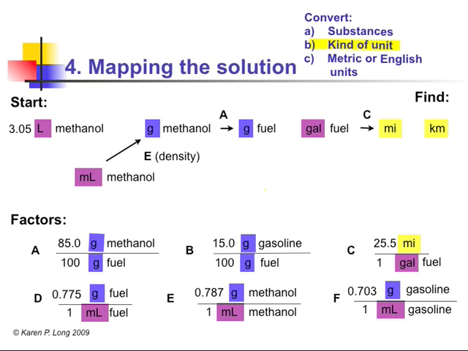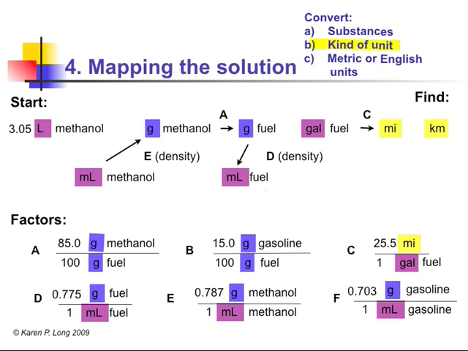You will notice we still have a gap between liters and milliliters, but we'll take care of that with our metric conversions. Next, as we go across the map, we see another gap between grams of fuel and gallons of fuel. Again, a mass to volume relationship for the same substance, which again would be density. That's factor D in our list of factors.